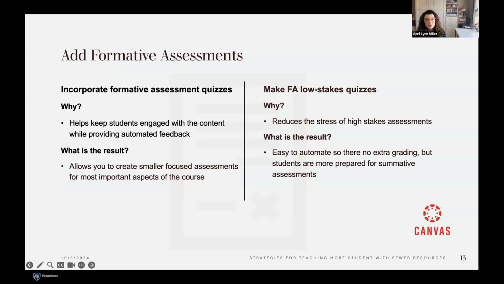It works very well in something like a programming class. For instance, if students don't understand things like syntax in a programming class, then they're not going to have a very easy time getting through the rest of the class. So you could put a formative assessment in there, to make sure they really understand that before they go on to other, more complicated types of questions and activities.